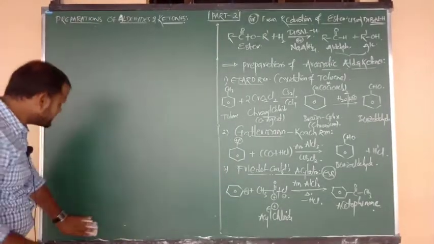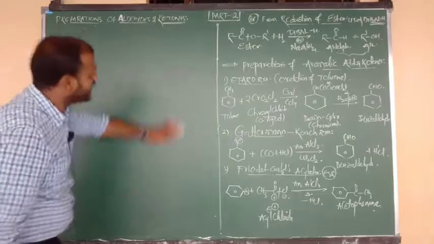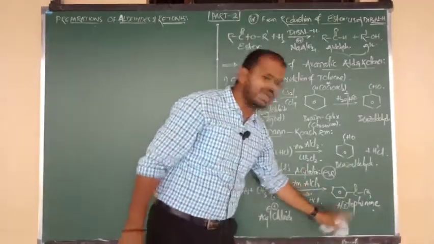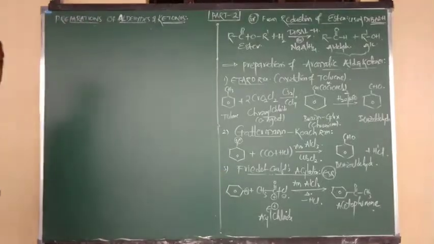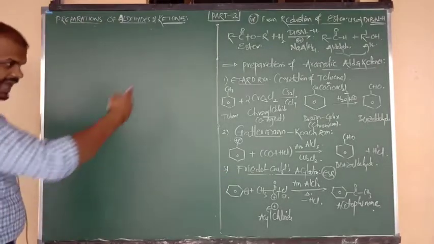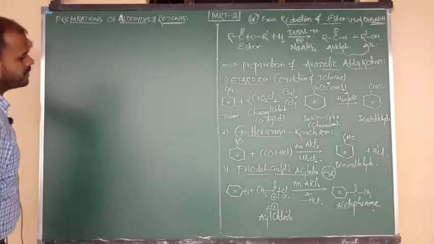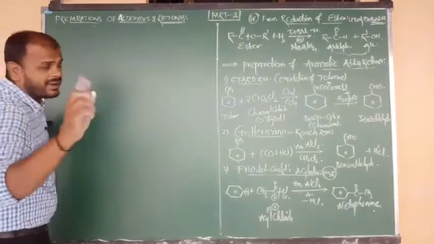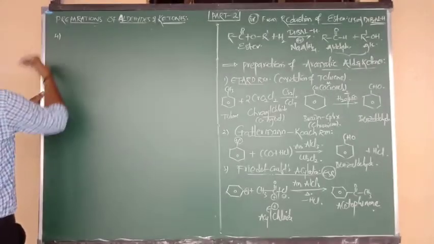Benzaldehyde. What is the catalyst in Gattermann-Koch reaction? Anhydrous AlCl3. What is the final product in Friedel-Crafts acylation of benzene? Acetophenone. Like that, try to remember. Questions like these come in the CET. Good. Next, three methods are completed for the preparation of aromatic aldehydes and ketones. Next I am going to show you the fourth method.